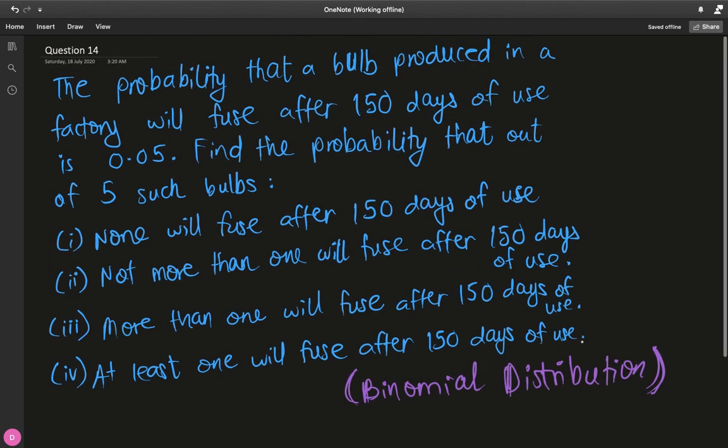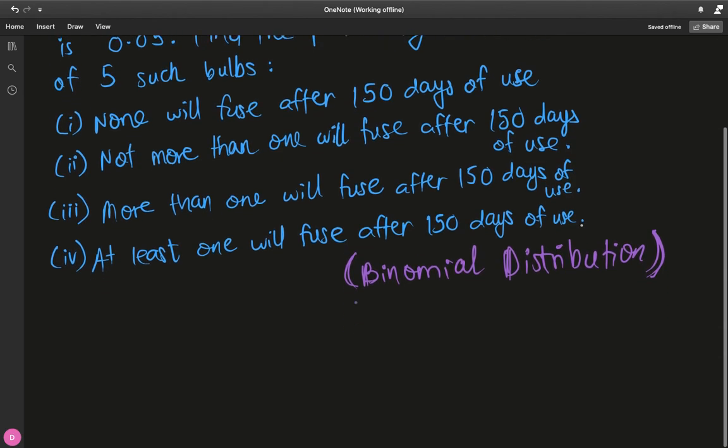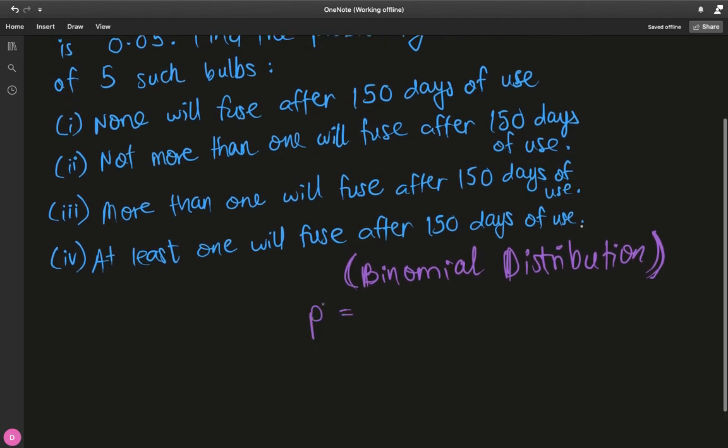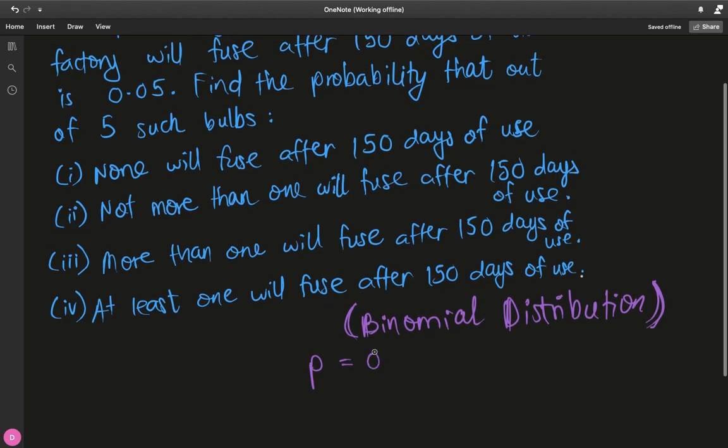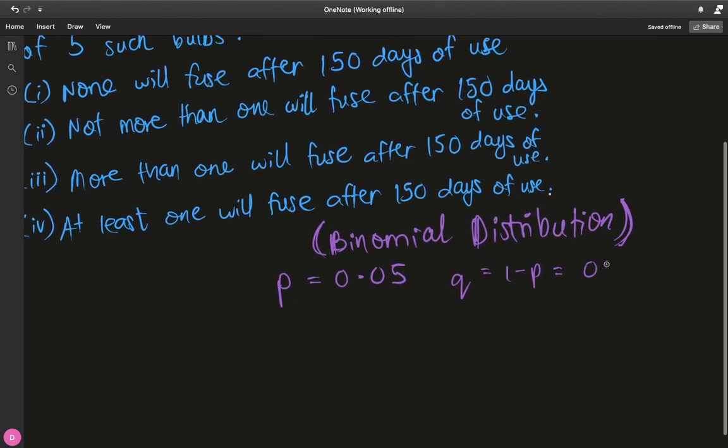So they've given us the probability. So call that P, the probability that 1 bulb will fuse, is given as 0.05, and Q is P complement, which is 1 minus P, is 0.95.